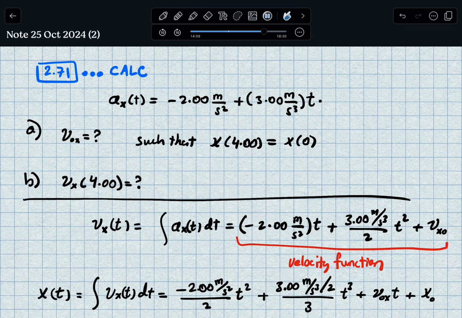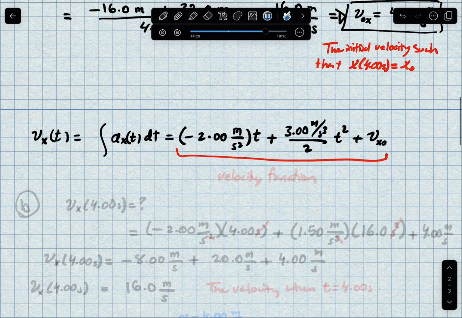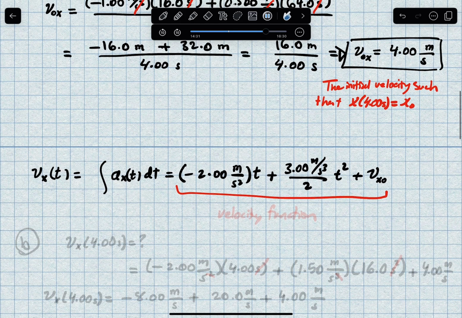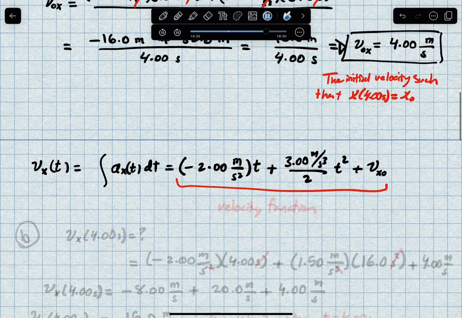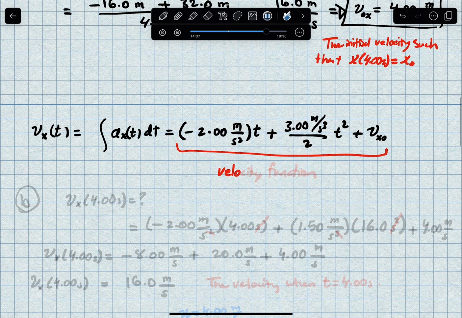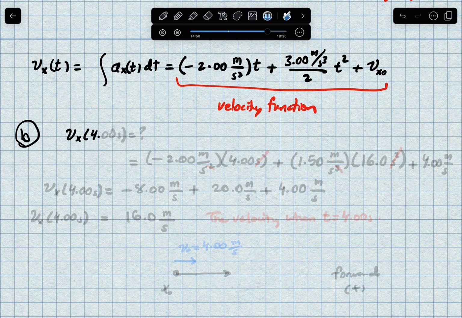Let me paste the equation here. We dubbed this equation the velocity function, a function of time. Part B asks for Vx when the time is 4 seconds.